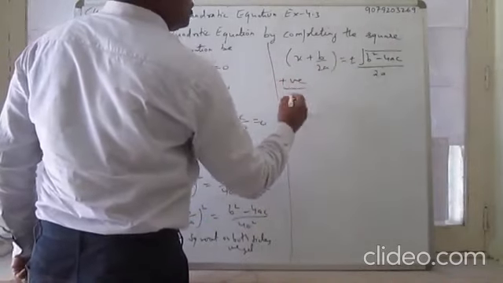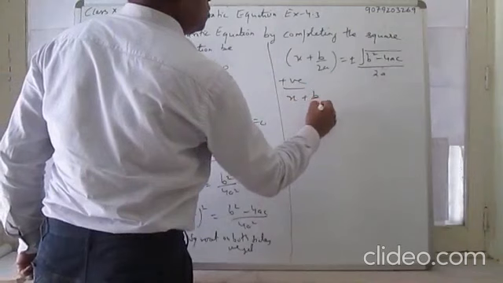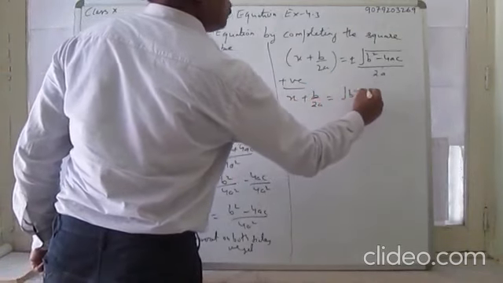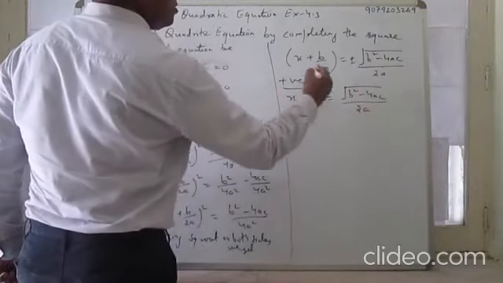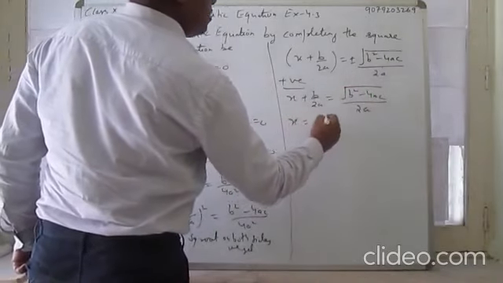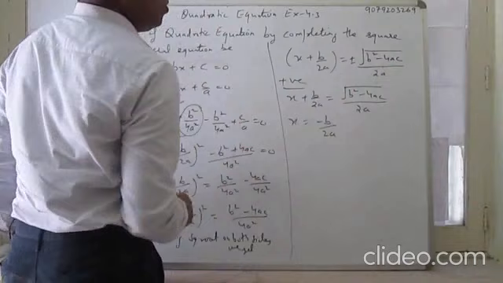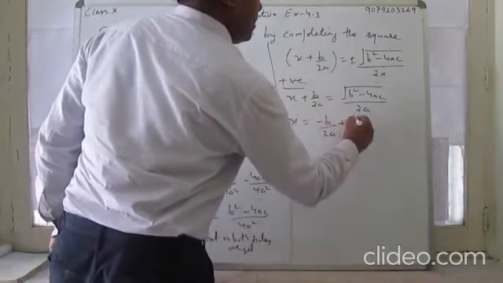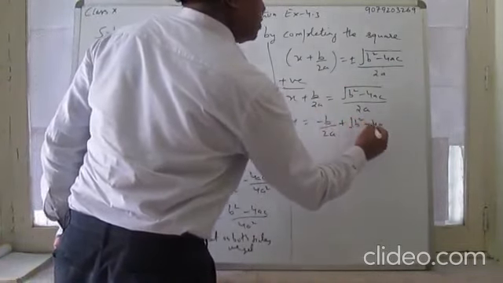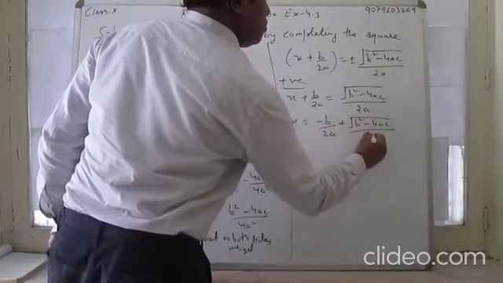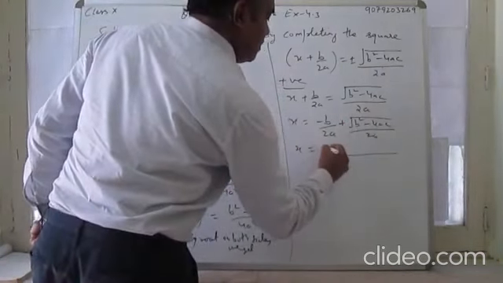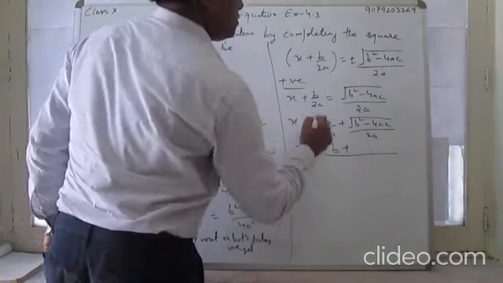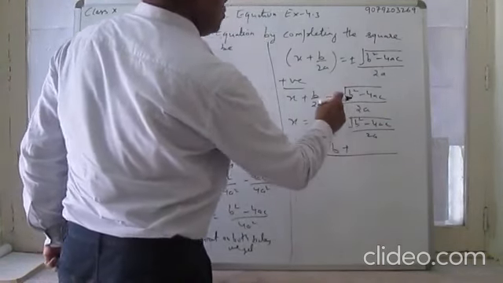There are two values. If I take the positive sign, it is under root b square minus 4ac upon 2a. Transpose b to that side, so x is equal to minus b upon 2a plus under root b square minus 4ac upon 2a. Take LCM, so x is equal to minus b plus minus, okay.